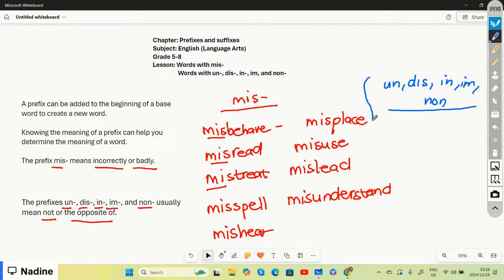So now if we were to identify words with the prefixes an, dis, in, im, and non, keeping in mind that the meaning of these prefixes is not, or the opposite of.